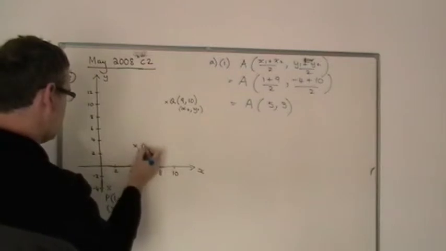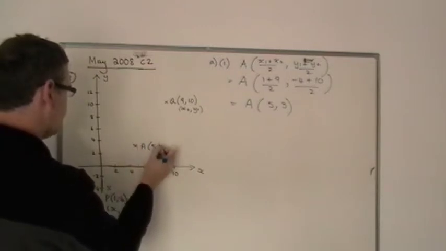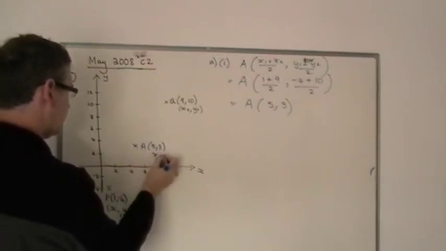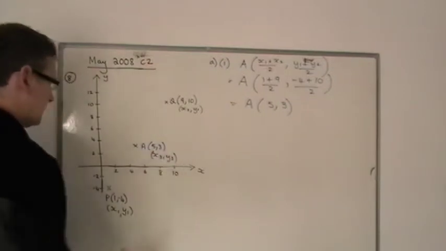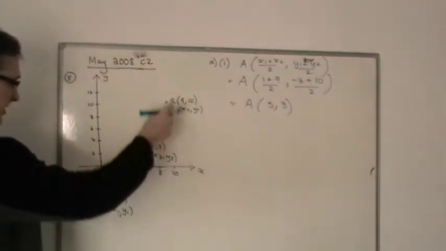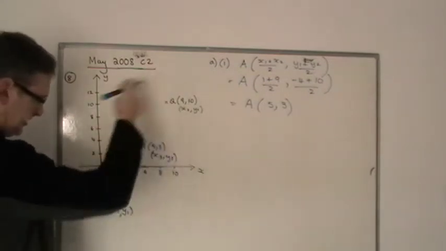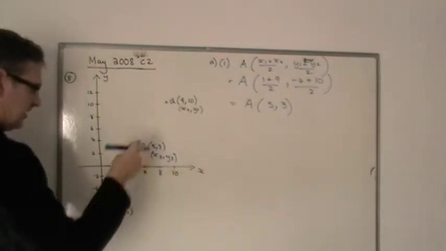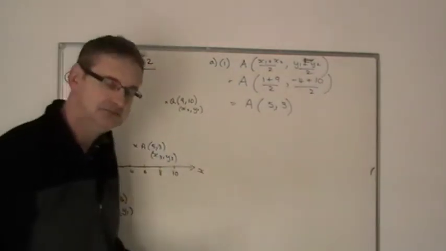It's approximately there, 5, 3, label it x3, y3, that is the centre of the circle. So there's the diameter, there's the circle as it were, and the centre A, 5, 3.